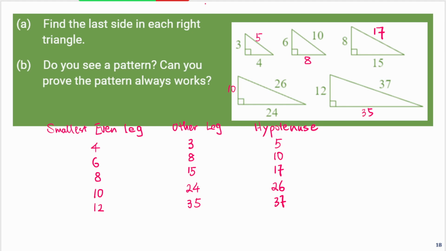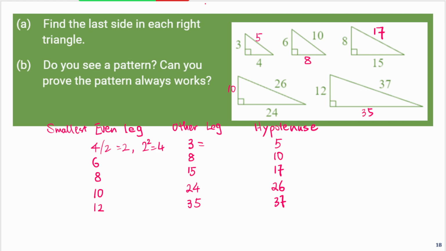So can you identify some patterns here? Well, if we take the smallest even leg, halve it, and then square the result, for example, if you halve the first leg here, you will get 2, and 2 squared is 4, right?